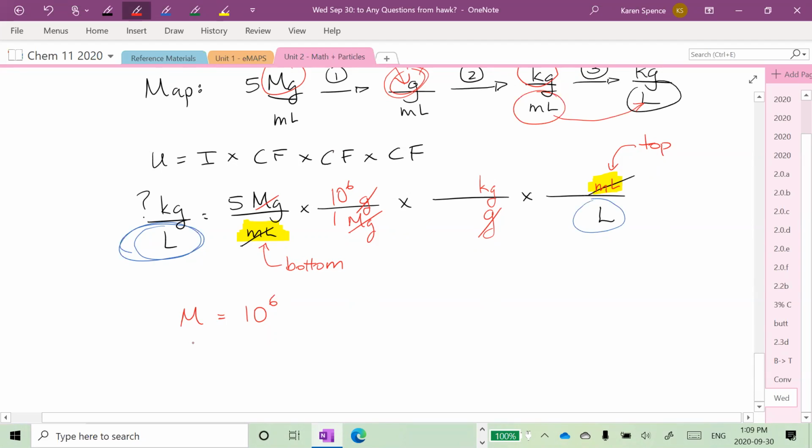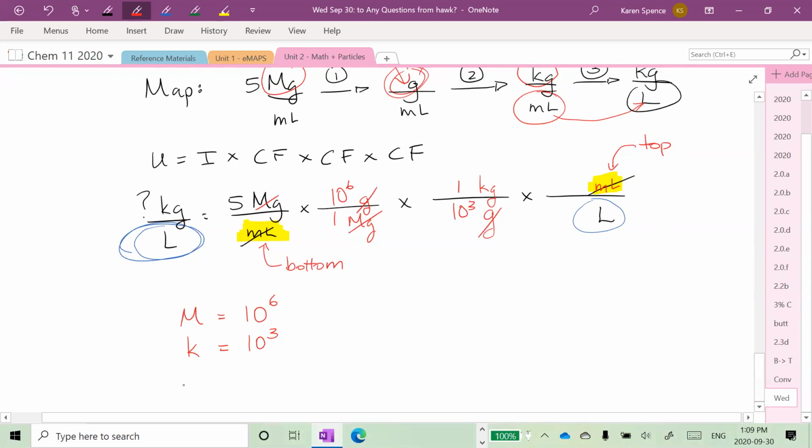All right, kilo. Kilo is 10 to the, how much? 3. Okay, it's 10 to the 3. And that's going to go with the plain old gram, 10 to the 3, because we already have a prefix. There we go.